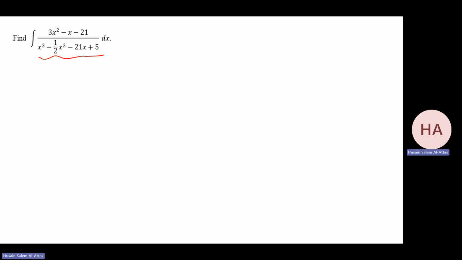How to factor this? It's very complicated to factor this. Yeah, rational roots will not work. Plus or minus 5 also, we have to make it integers: 10, 5, 5 or 2. All of them do not work. Yeah, you know what's the trick? It's very easy. If you put u as x cubed minus half x squared minus 20x, 25x over 5, what is du?